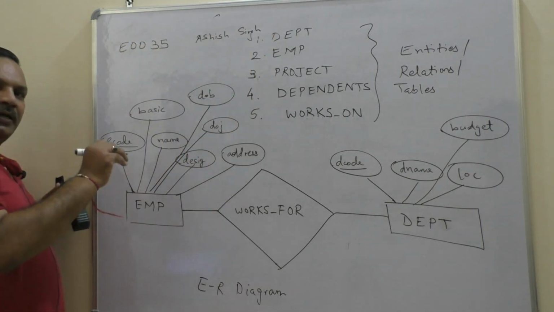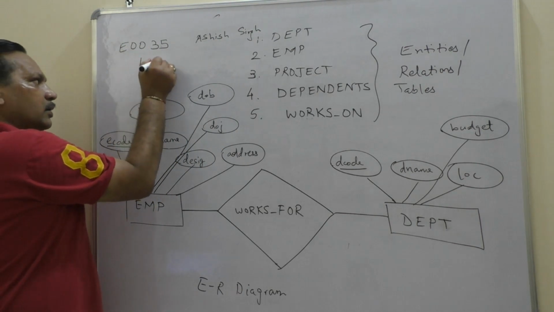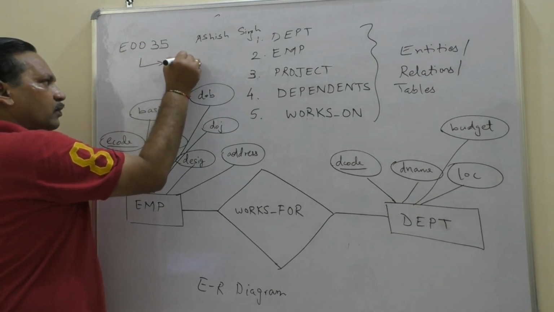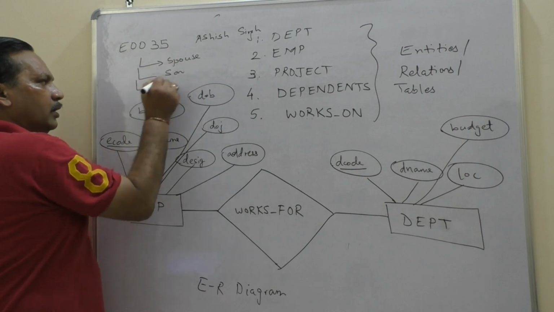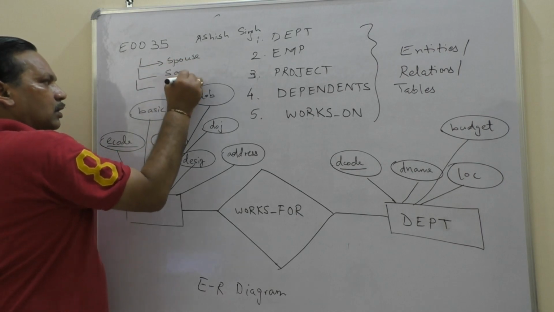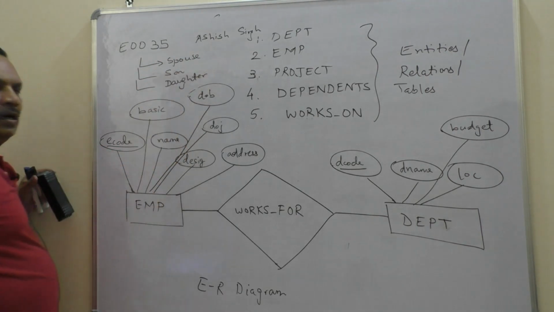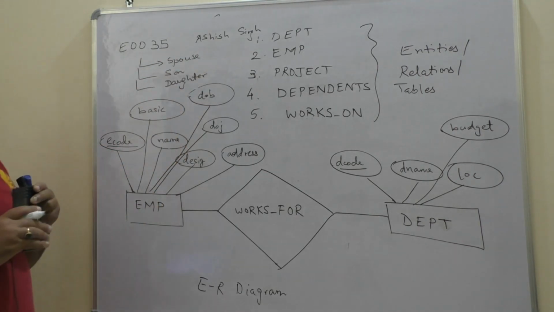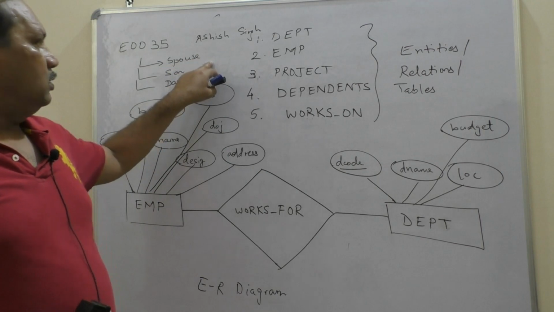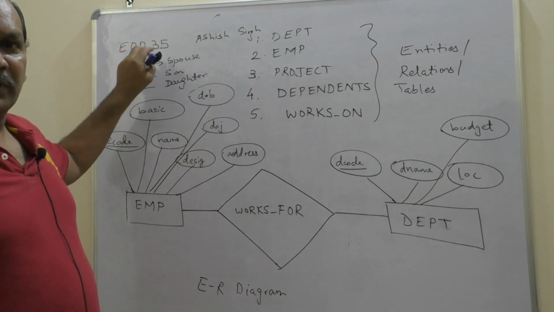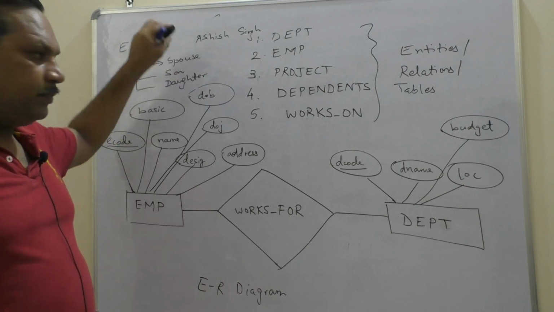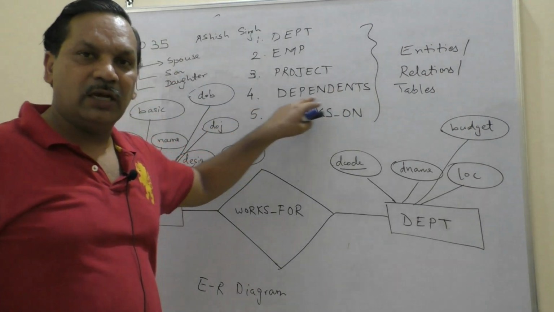Now if he is married, he might have a spouse, wife, and maybe a son and a daughter. Are you getting it? So what is this? Spouse, son, daughter, and the employee himself. So this data will be kept under which entity set or table?